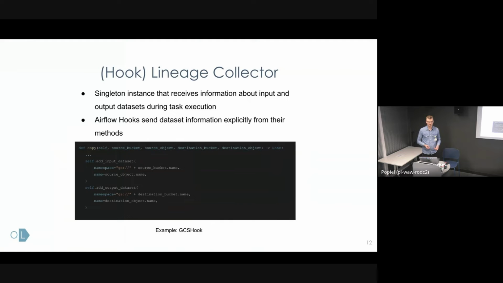And without using some other operator that makes use of this copy method, PythonOperator would use that instead. We would have this lineage information sent and emitted to OpenLineage.